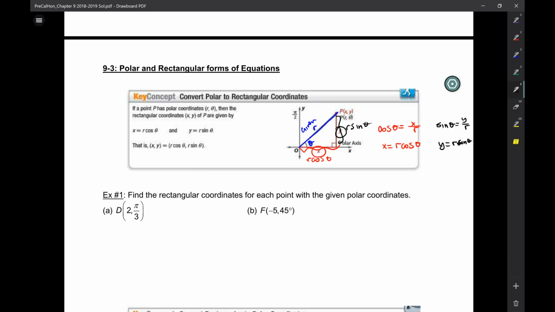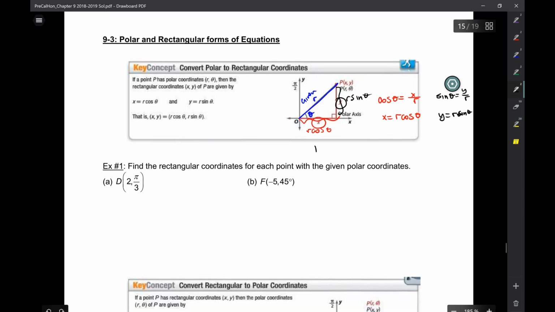So going back, if I want to go to this point here along horizontal and vertical, how much do I go across? R cosine theta. How much do I go up? R sine theta. So now, if I wanted to write that point P in terms of x comma y, I could just say that it's r cosine theta, r sine theta.